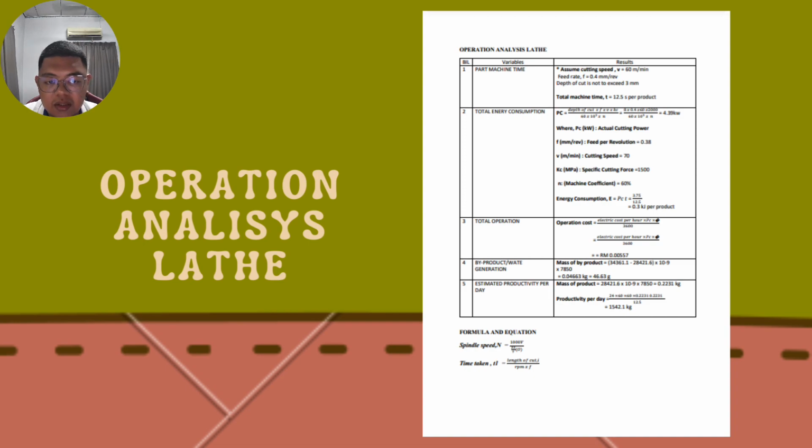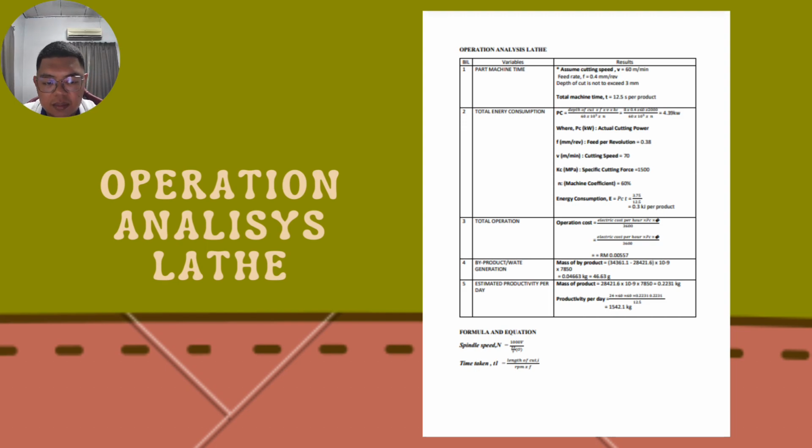For the energy consumption, the power consumption is 4.39 kilowatt, and the energy consumption is 0.3 kilojoule per product. For total operation, the operation cost is 56 cents per unit for our product.